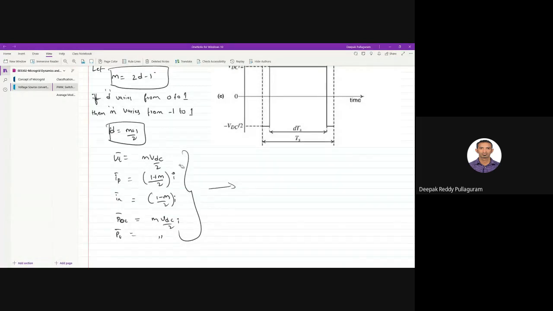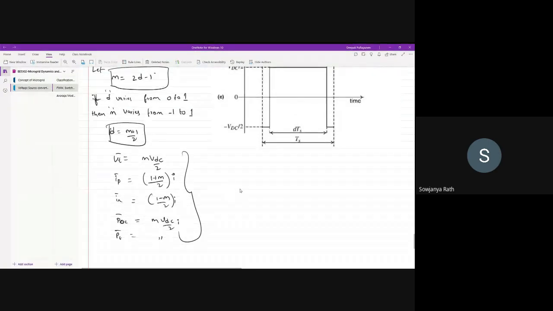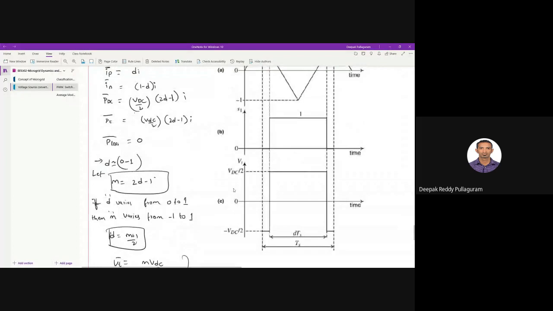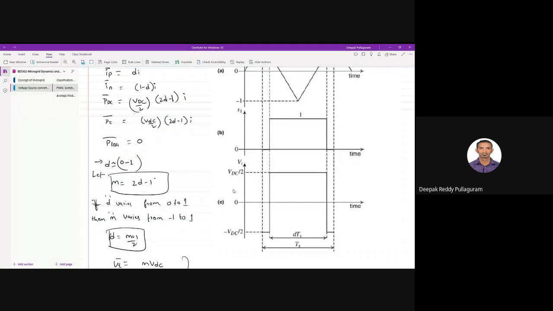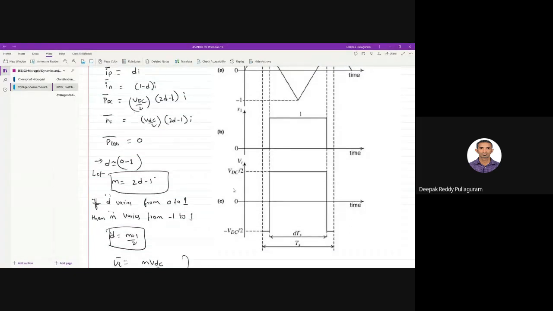Did you get my point here? Sir, did you take this as an assumption, this m as 2D minus 1? No, it's not an assumption. You can directly take it. I'm just defining an m variable. Instead of replacing everything in terms of D, I'm naming it m.